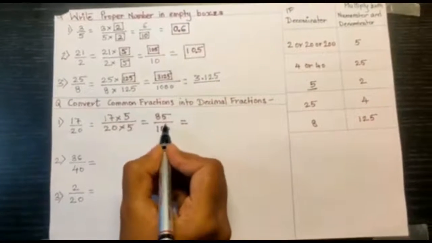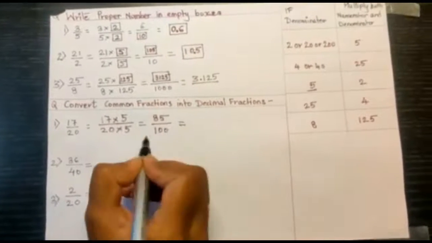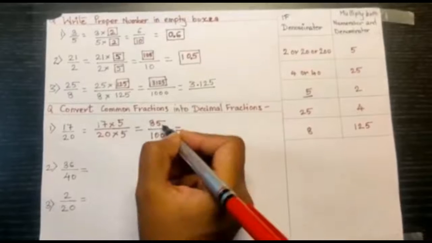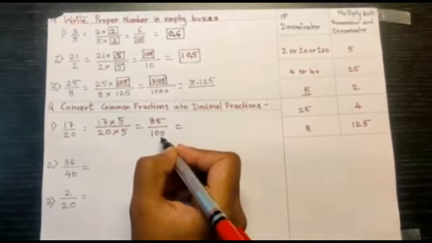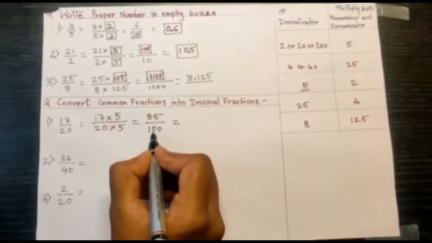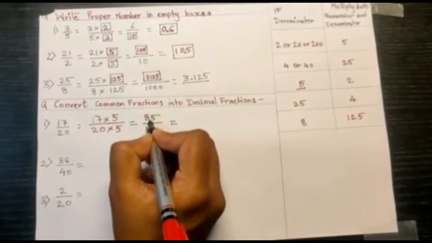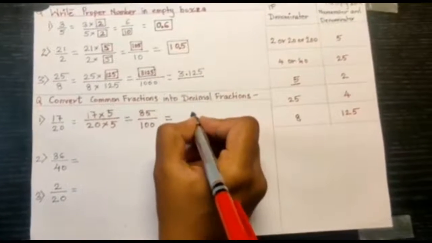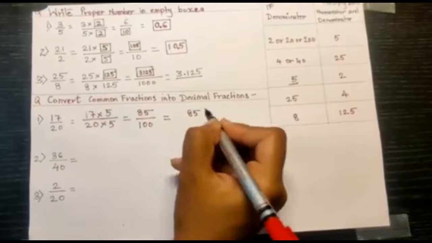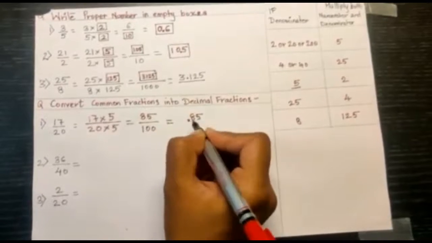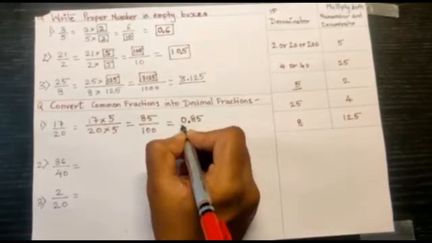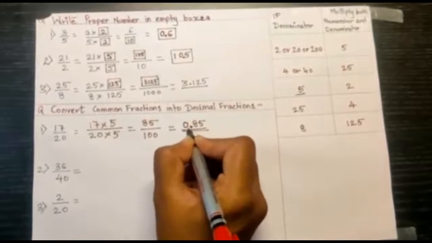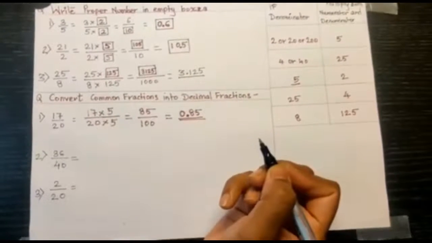Now we have the same number of digits in numerator and denominator: the zeros are 2 and the numerator digits are also 2. So we will write the digits and then place a decimal point. So 0.85 is your answer.